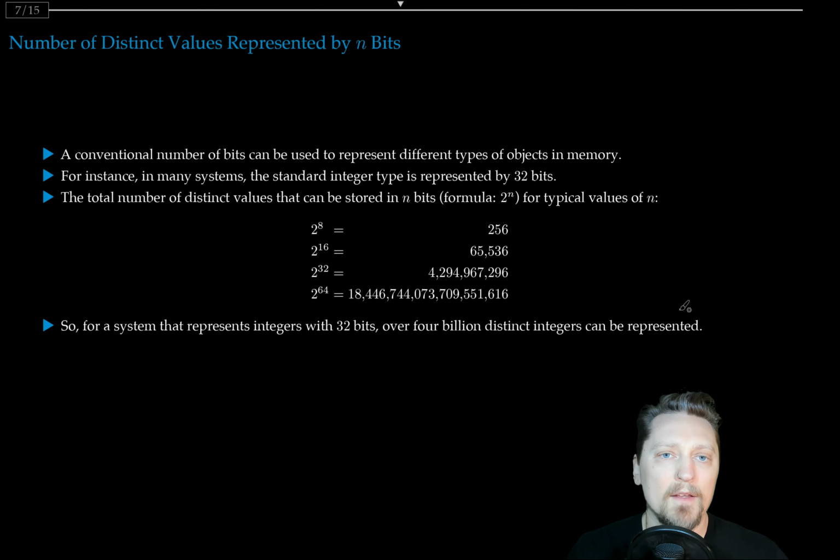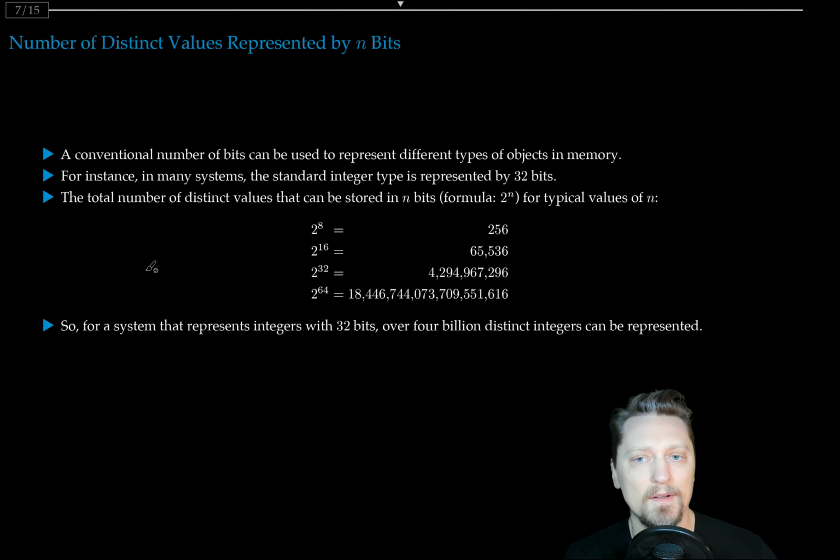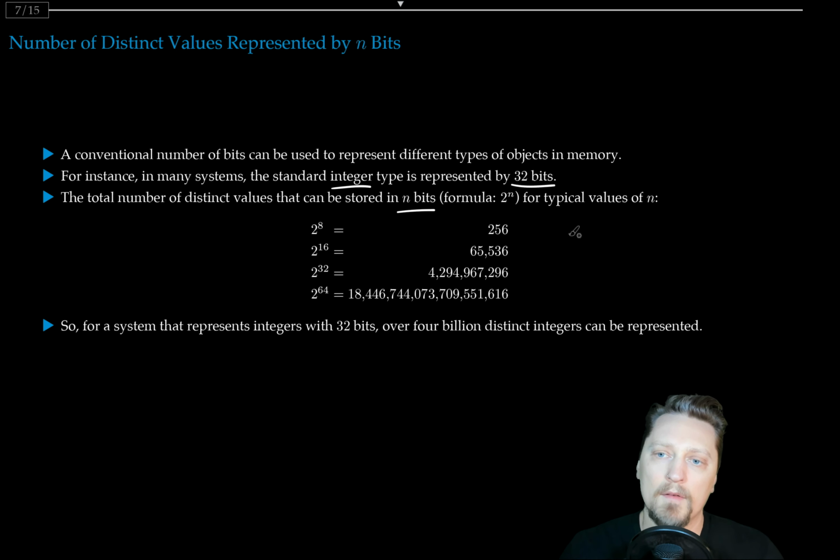Number of distinct values represented by n bits. A conventional number of bits can be used to represent different types of objects in memory. For instance, in many systems, the standard integer type is represented by 32 bits. The total number of distinct values that can be stored in n bits, the formula for this is 2 to the n, for typical values of n. So 1 byte, 8 bits, there are 256 distinct bytes. 2 to the 16 for 16 bits, we get 65,536 different distinct values.